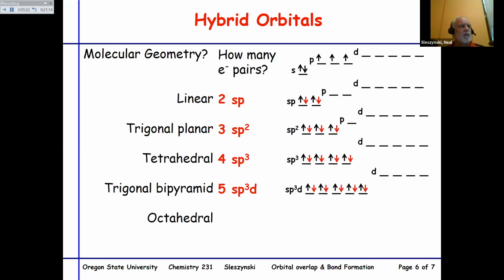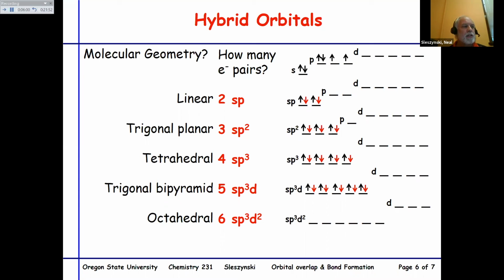And of course, we're going to finish off with octahedral. If I take a look at six repelling pairs of electrons, well, if I go back to my atomic orbitals, six electrons is two in the s and four in the p. Four in the p means I was forced to pair up a couple of those p electrons, but I still have two unpaired p electrons. Well, that means if I need to take those six electrons and distribute them into six separate orbitals, that's one s orbital, three p orbitals, and two d orbitals.